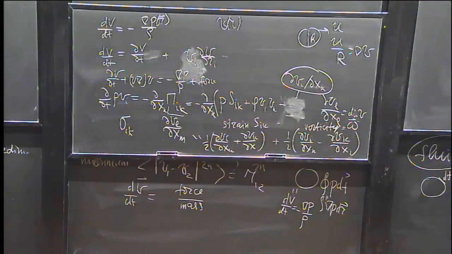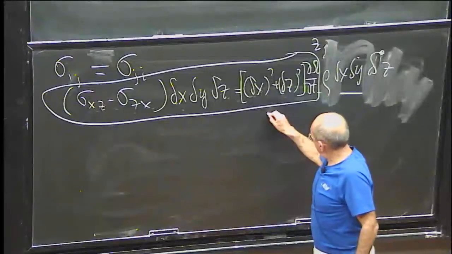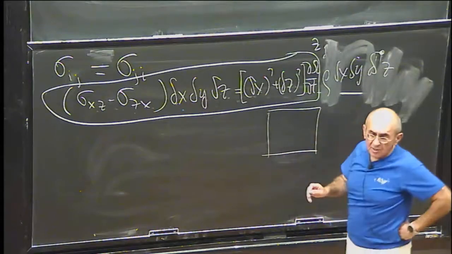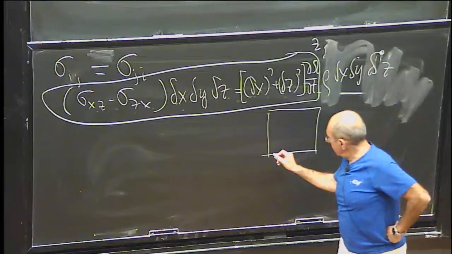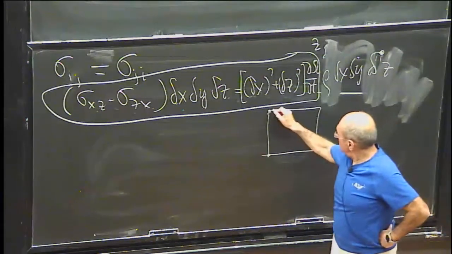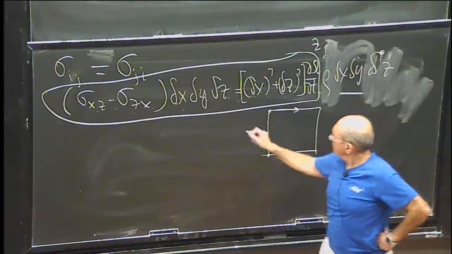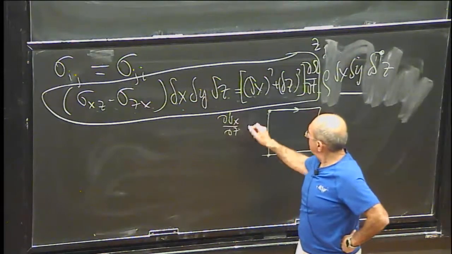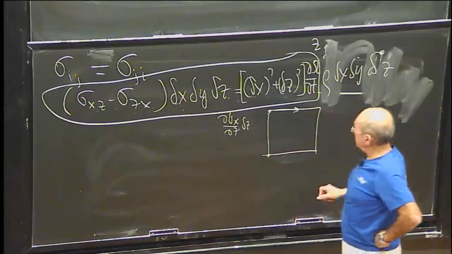Again, if I consider an element, and let's say I count all velocities from here, then the velocity in this direction will be dvx over dz delta z, right?